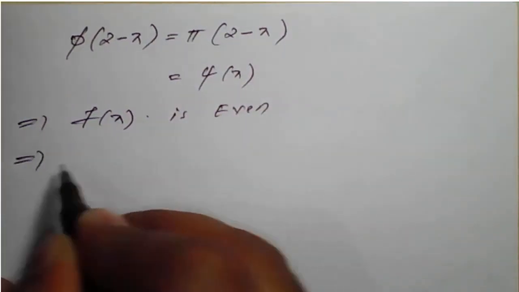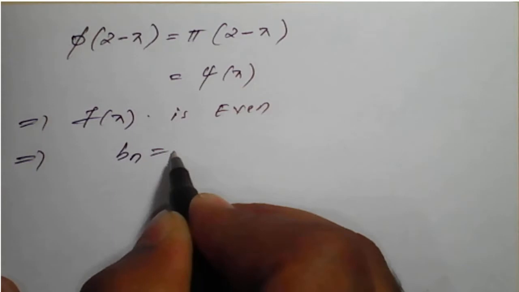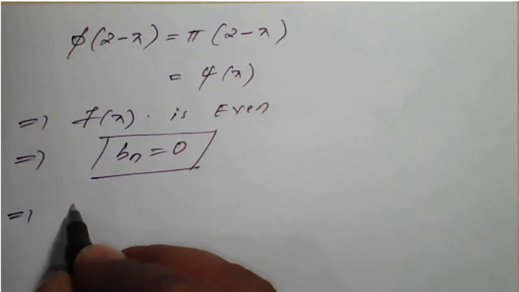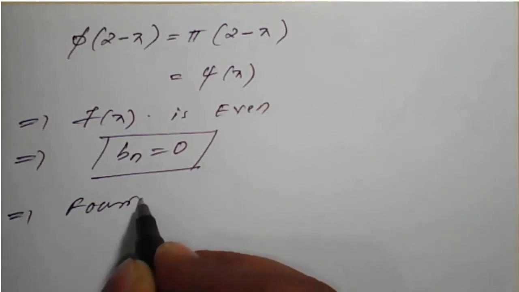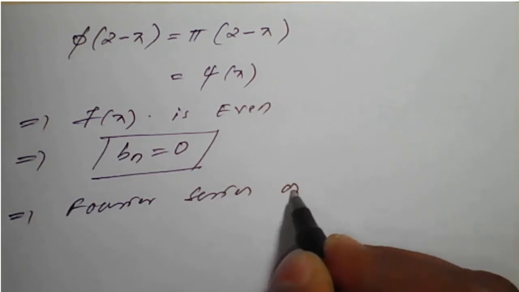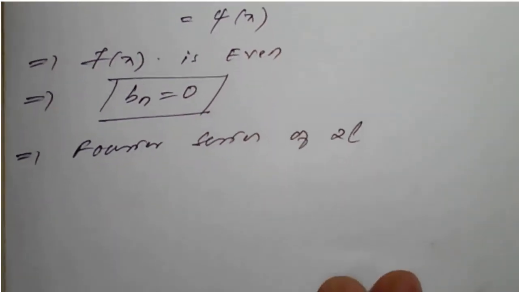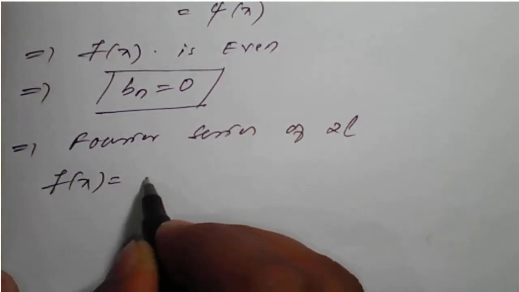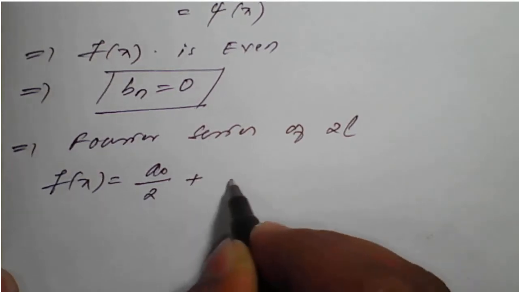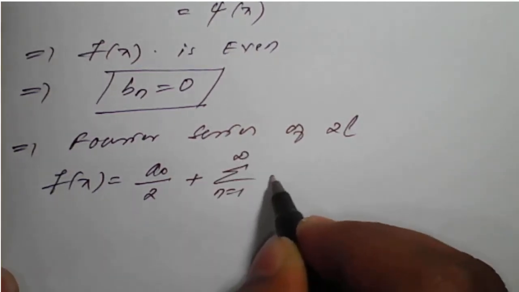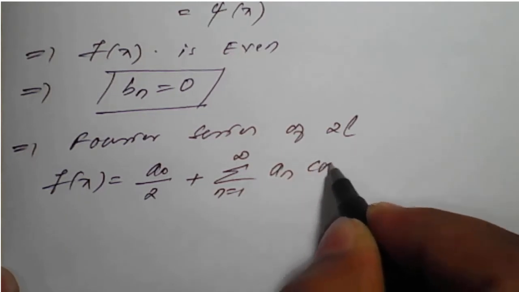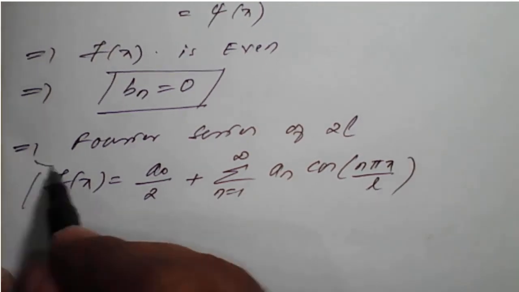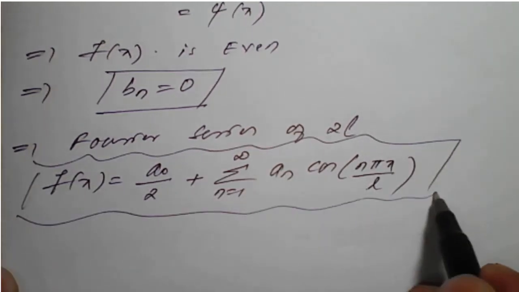If it is an even function, we can say that the Fourier coefficient Bn will be 0. So which implies the Fourier series of period 2L is given by f of x is equal to a naught upon 2 plus summation n from 1 to infinity an into cos of n pi x upon L. So this is the Fourier series.